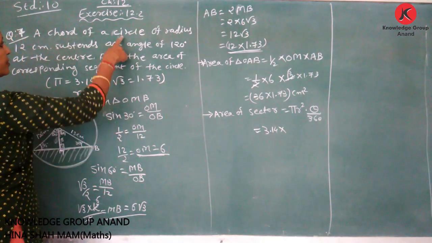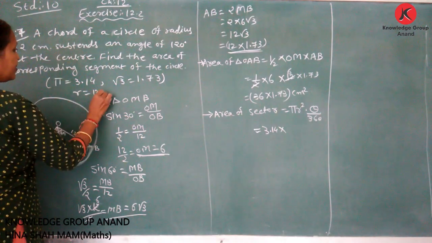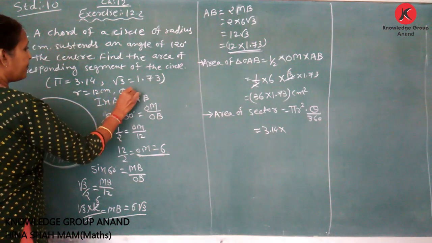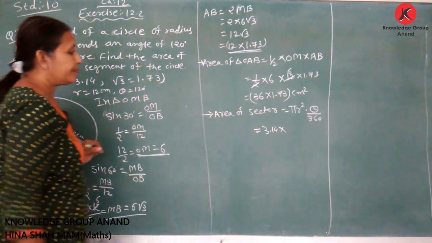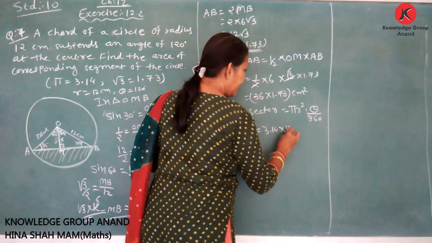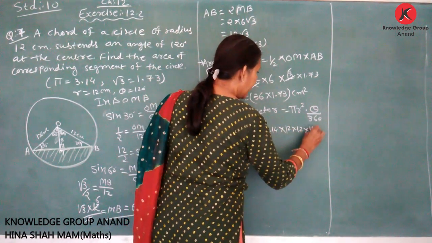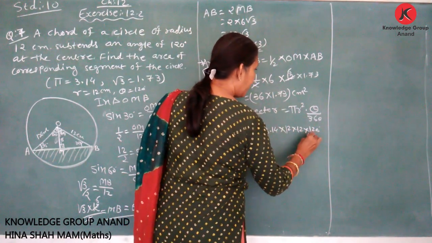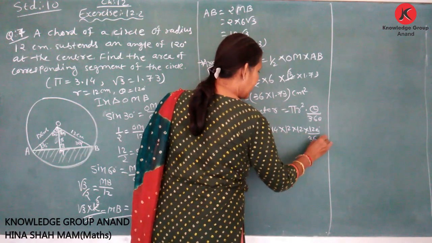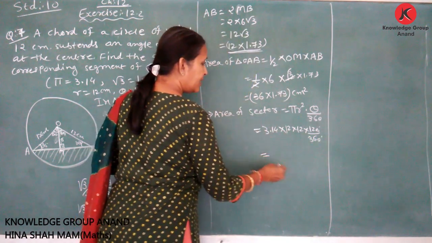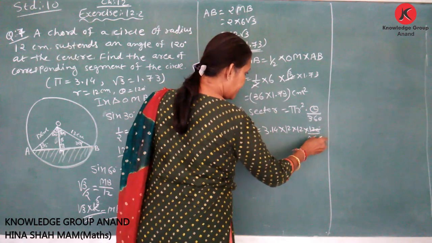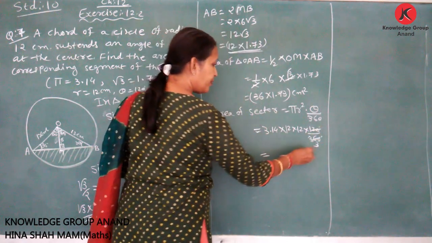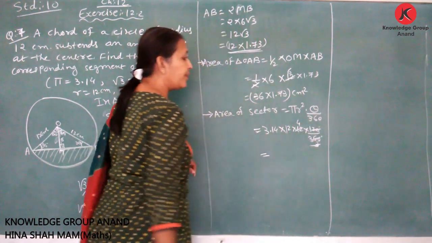R is equal to radius 12 centimeter, theta 120 degree. 12 into 12 into 120 upon 360 is 1/3, and 3.14 into 4 into 12.